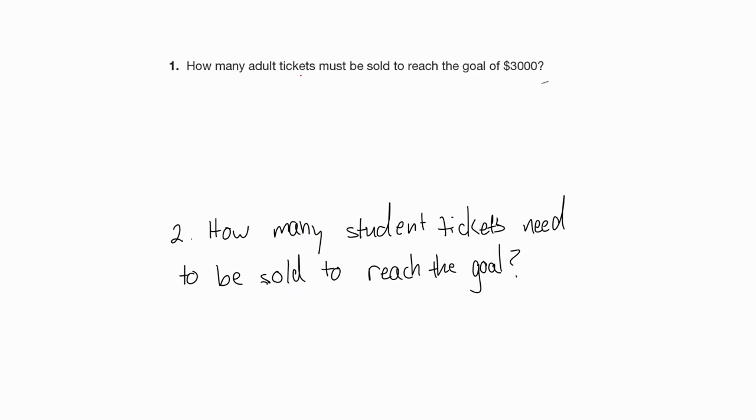So how many adult tickets would need to be sold to reach that goal? If just adults show up, no kids, let me write our equation again. 10A equals $3,000. How many adult tickets would need to be sold to reach the goal? Well, no students arrive, so we could just ignore that or do 5 times 0, right? And we would get 0 there.